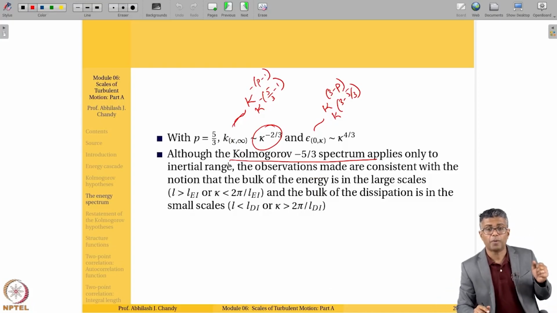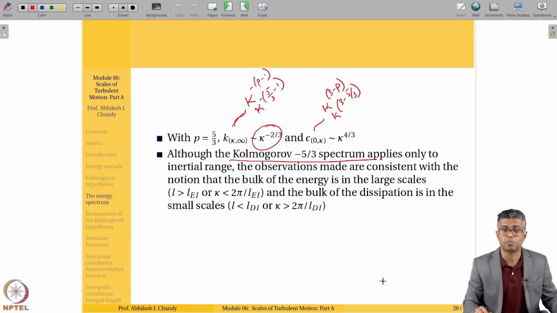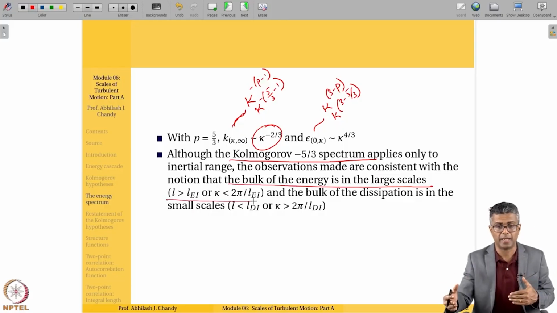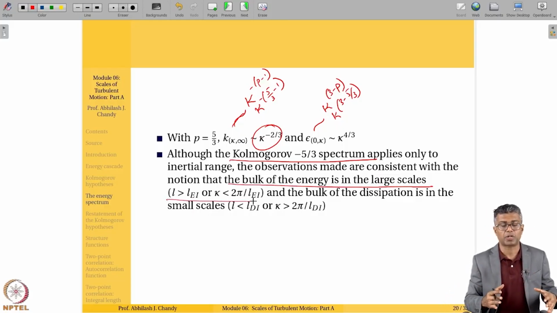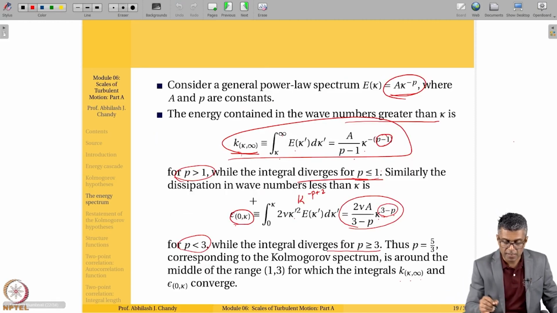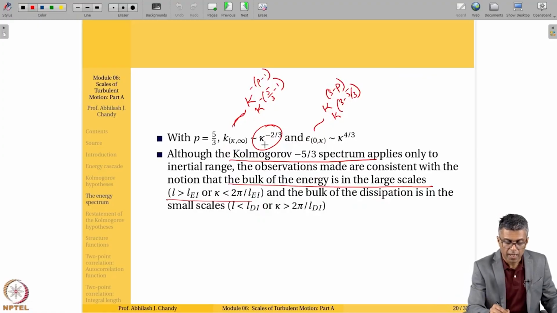Although the Kolmogorov minus 5/3 spectrum applies only to the inertial subrange, the observations made are consistent with the notion that the bulk of the energy is in the large scales, that is l greater than l_DI, and the bulk of the dissipation is in the small scales, that is l less than l_DI. Isn't it? Because you will see here that this kinetic energy is kappa to the minus 2/3.